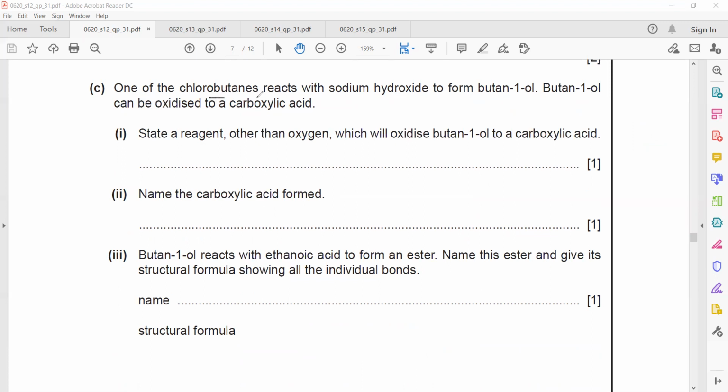One of the chlorobutanes reacted with sodium hydroxide to form a butanol. Butanol is oxidized to carboxylic acid. State a reagent other than oxygen which will oxidize this alcohol to carboxylic acid.